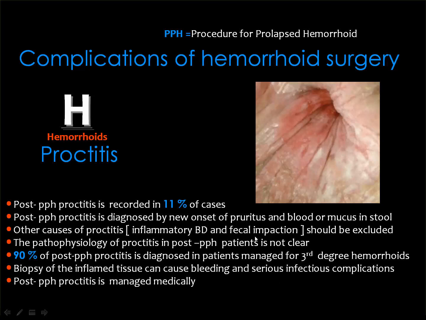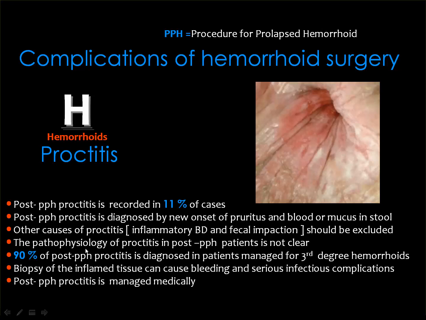Then this may present by pruritus or blood and mucus in stools. Other causes of proctitis should be excluded, like inflammatory bowel disease and fecal impaction.